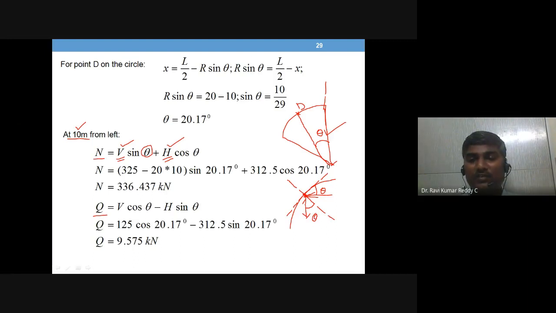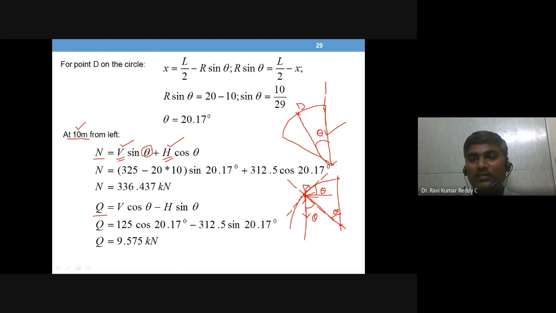Now you see, exactly whatever I told here matches with the notation that is already taken. This is a vertical line and this is the chosen point D, and this is the radial line which joins the center of the arch and the vertical, say the crown. So this angle and this angle are the same, theta.